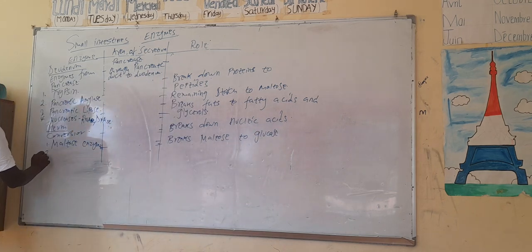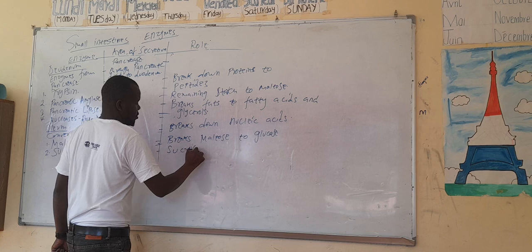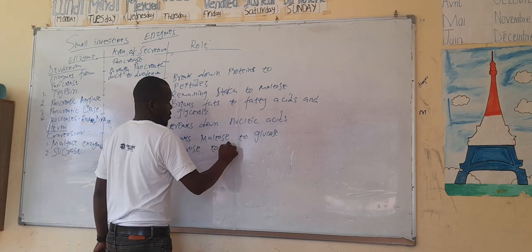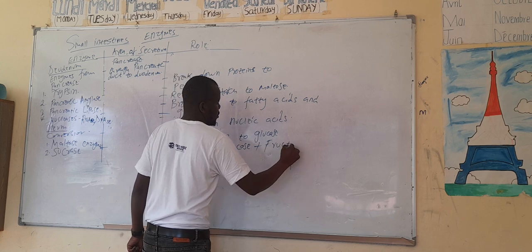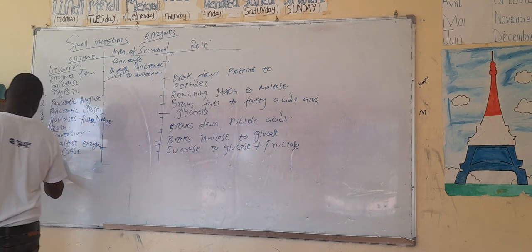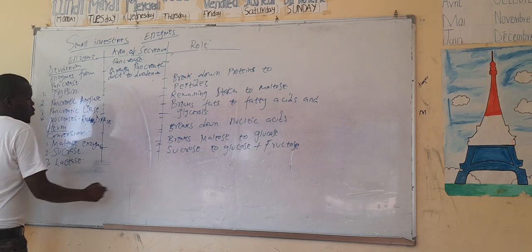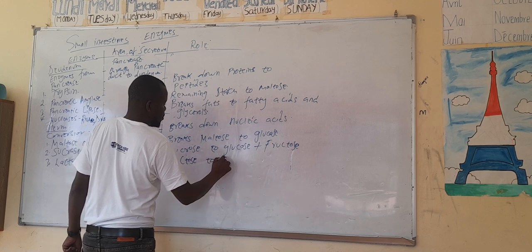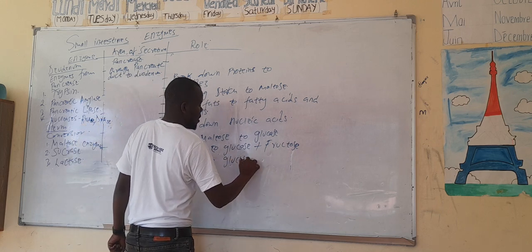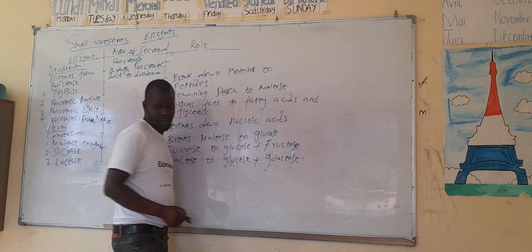Number two, sucrase, which breaks sucrose to glucose plus fructose. Number three, lactase breaks lactose to glucose and galactose. That is it.